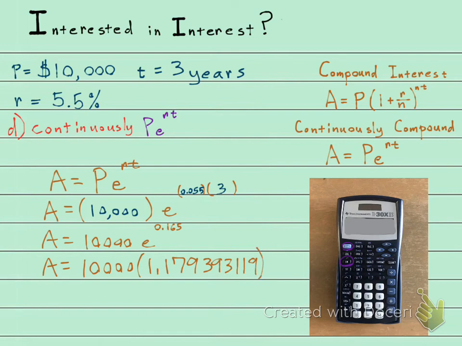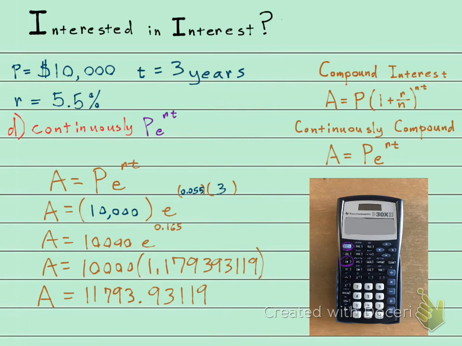Okay, leave all that in your calculator and just hit times, and it's going to do my previous answer times 10,000. And now, after 3 years, compounded continuously, I have 11,793.93119.